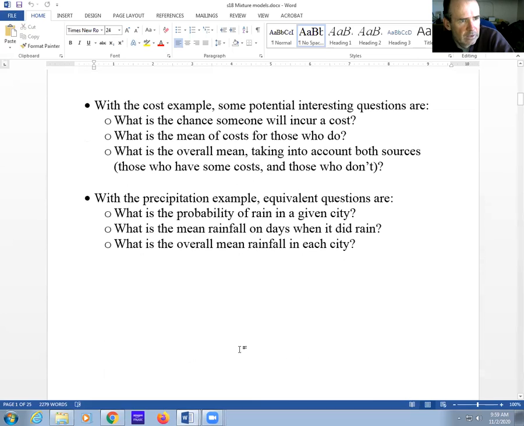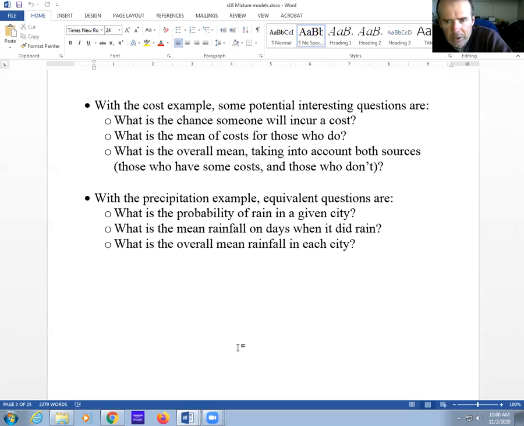So some interesting questions that we may have to ask with the healthcare costs. What is the chance that someone will incur a cost? What is the mean of costs for those that do incur a cost? And what is the overall mean, taking into account both sources, if you have a cost or you don't?